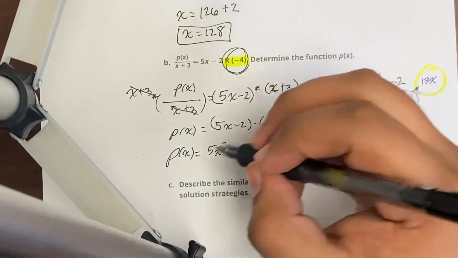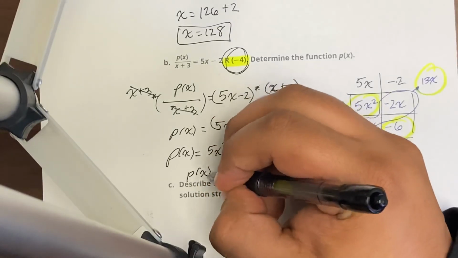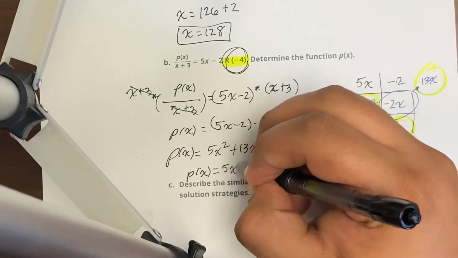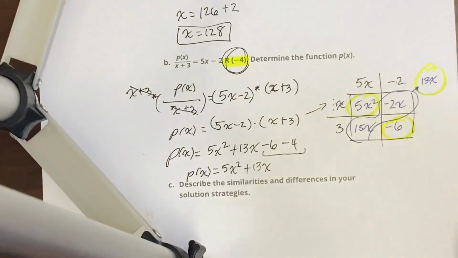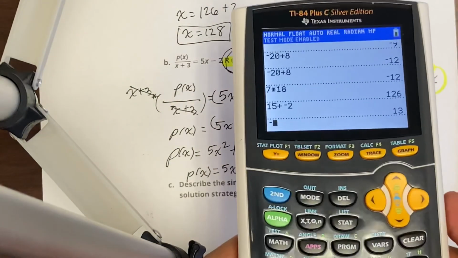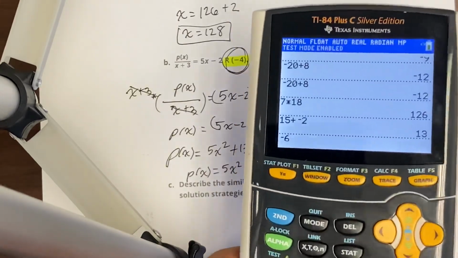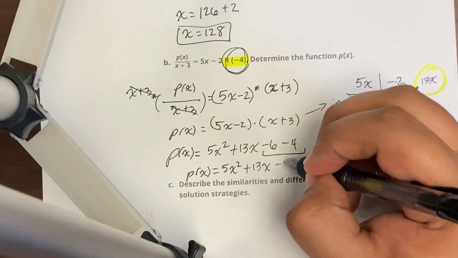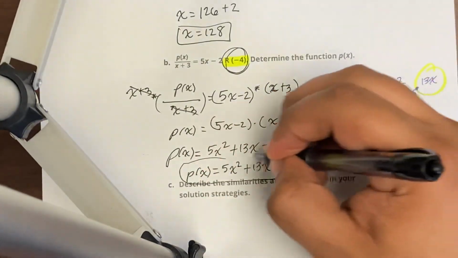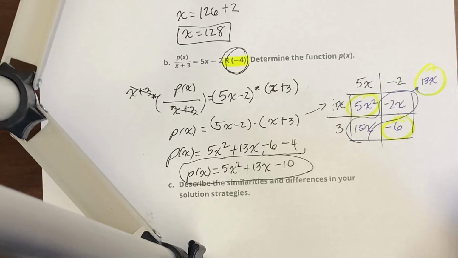Minus 4. P of x equals 5x squared plus 13x. These are partners. Negative 6 minus 4, negative 10. There it is.